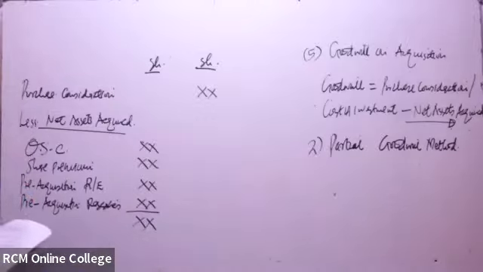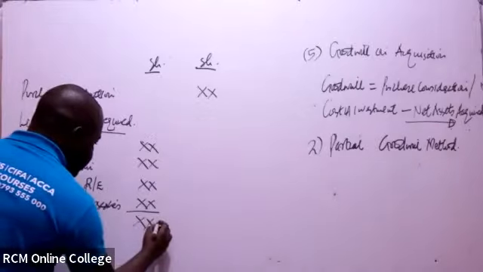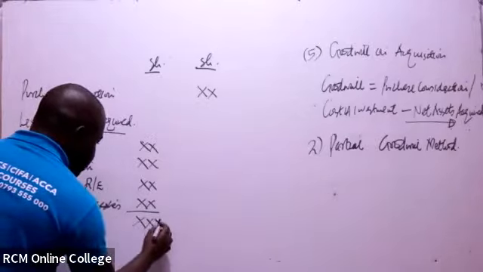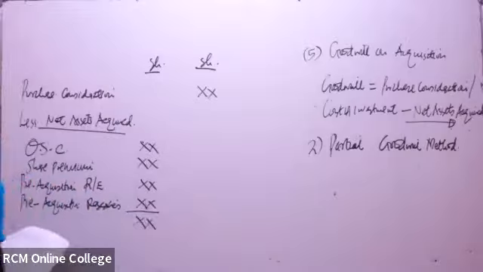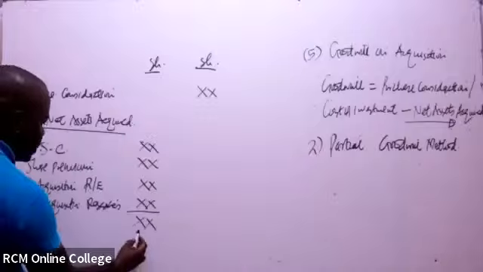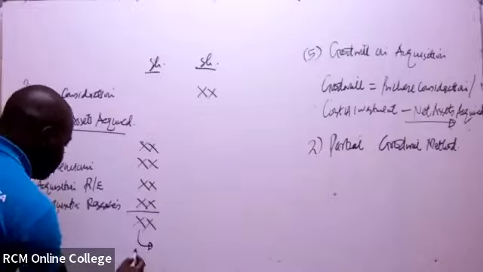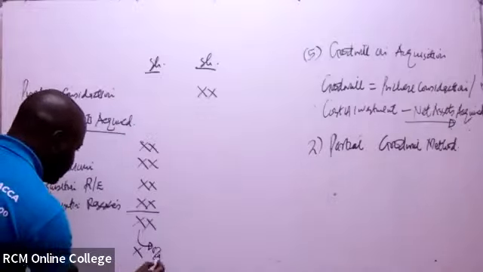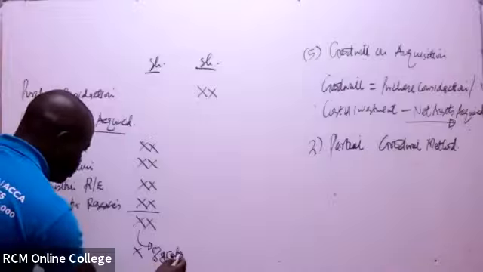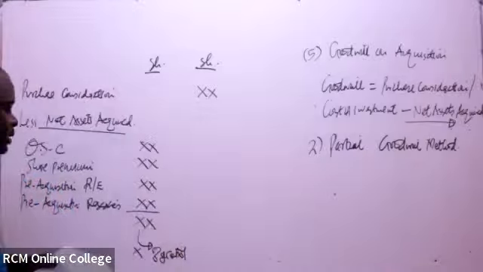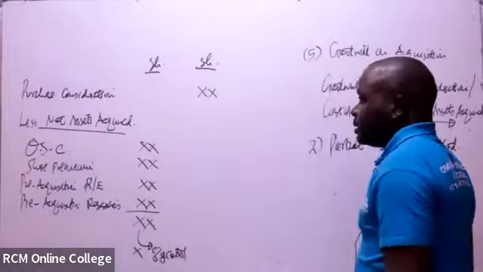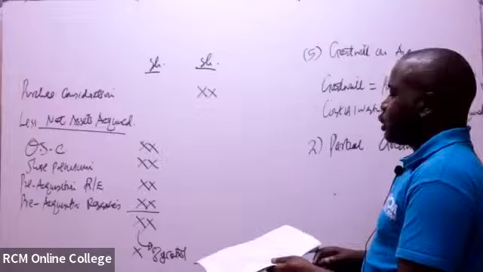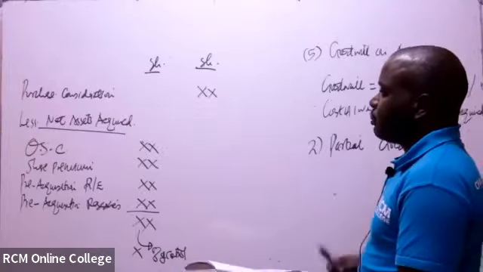This total, you multiply by the percentage of control. Maybe in this case, it is 80%. So the percentage that the holding company controls, because it is partial.